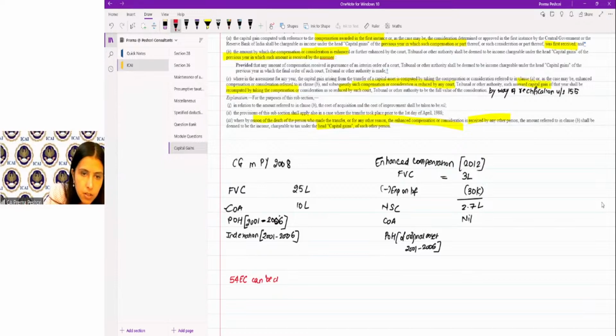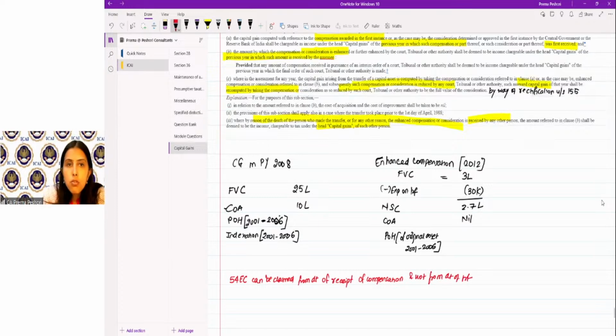Can be claimed from date of receipt of compensation and not from date of transfer. Clear?